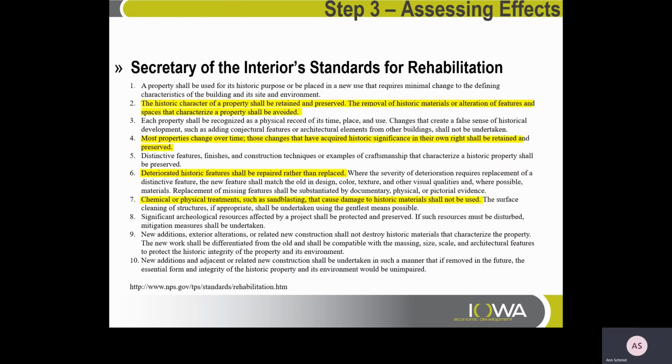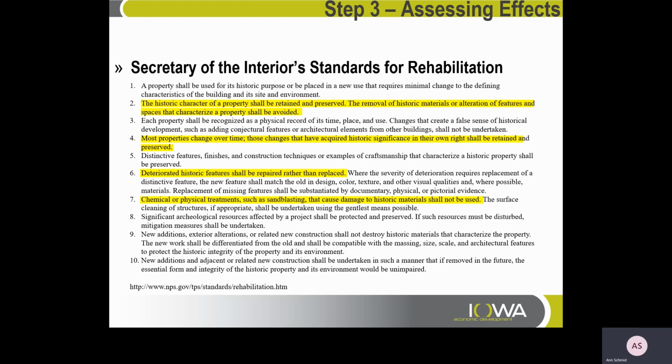I'm going to highlight the 4 that I think most often are critical to our CDBG and CDBG-DR projects, but all 10 are important, and you should be familiar with all of them, especially as you define a scope of work to meet the standards. So standard 2 is the historic character of the property shall be retained and preserved. The removal of historic materials or alteration of features and spaces shall be avoided.